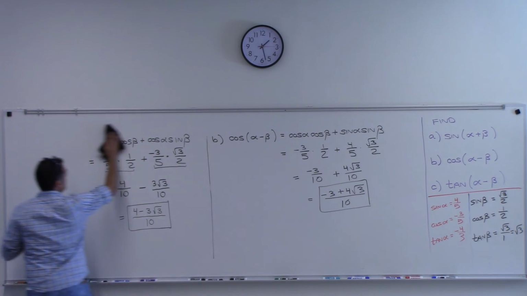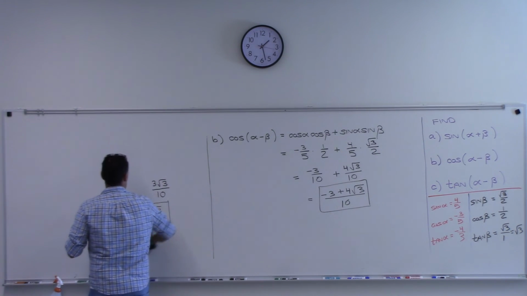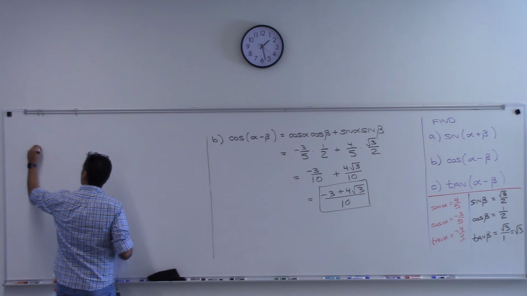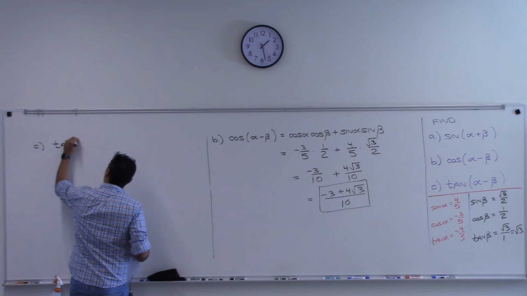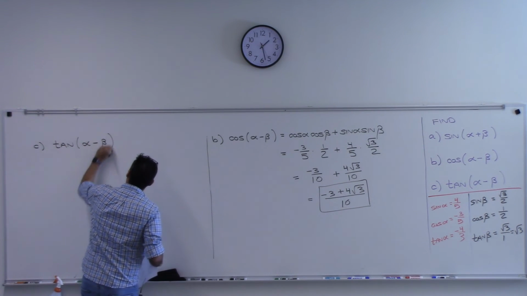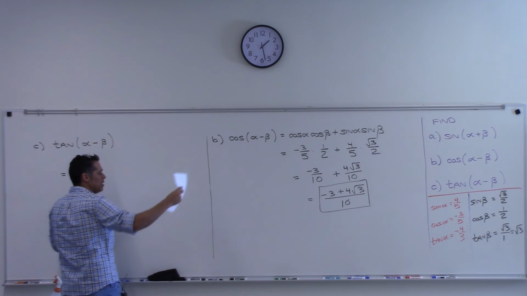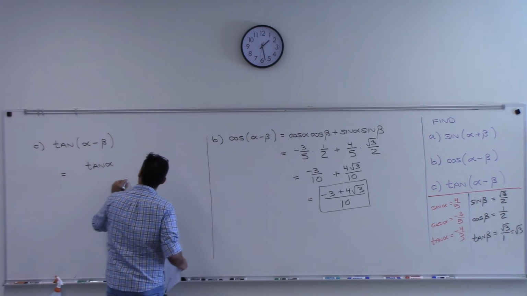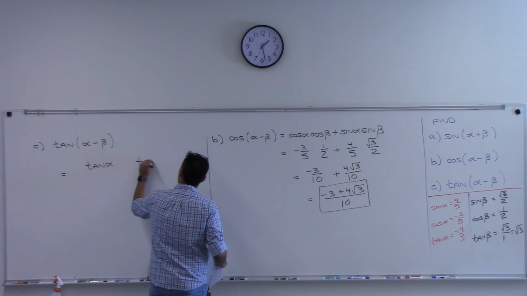Finally, part C is to figure out what tangent of alpha minus beta is. And that, by the formula sheet, is tangent alpha plus or minus tangent beta.